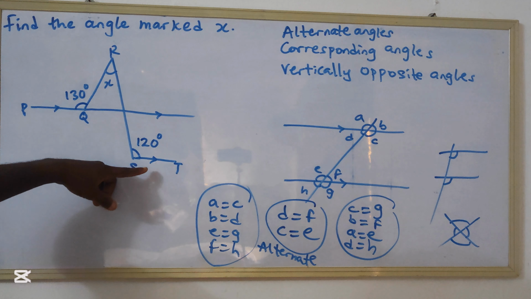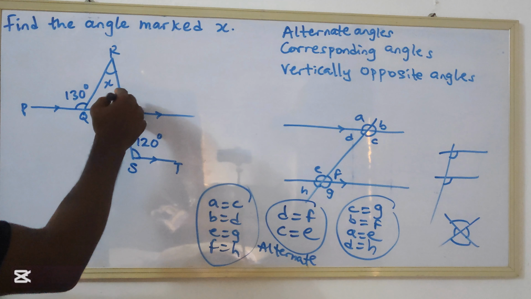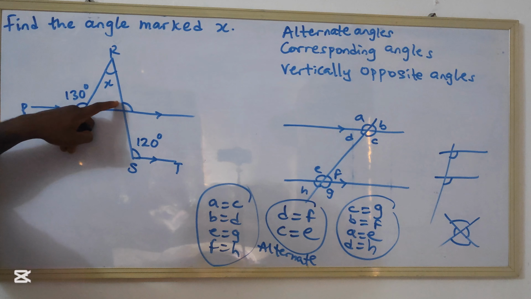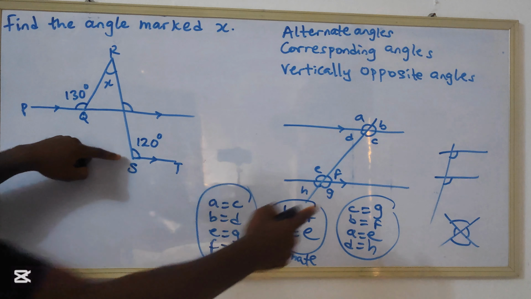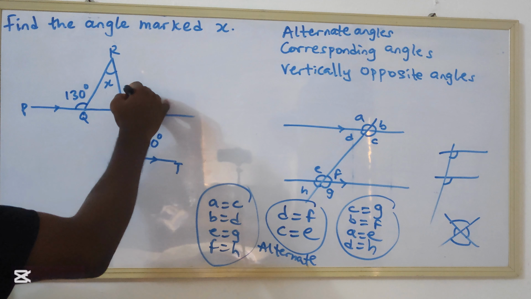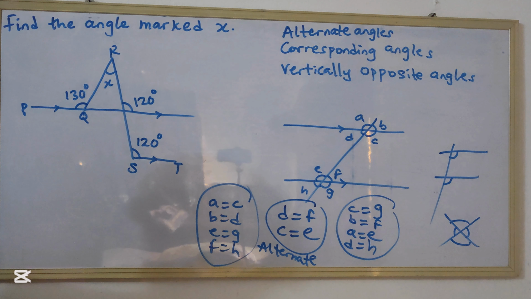I can see that this angle here at point S corresponds to this angle here. You can see it looks like that F shape. So this angle here is 120 because it's corresponding to the angle at S.